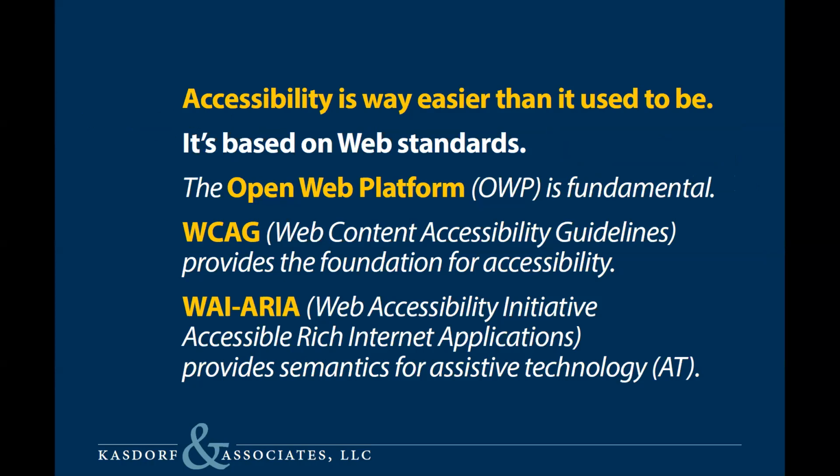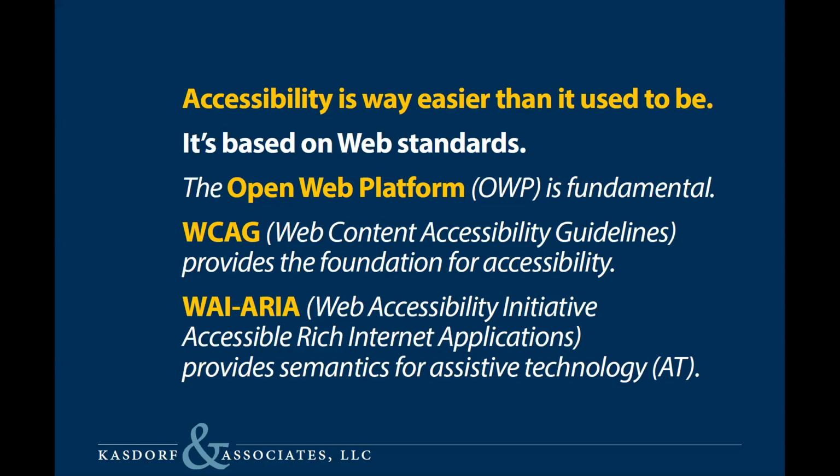The reason for that is that the standards have come to align with most of the standards that publishers use anyway. The fundamental basis for accessibility worldwide is really what's called the Open Web Platform.